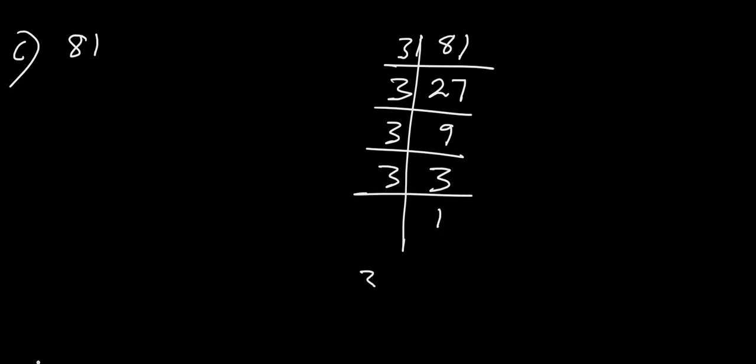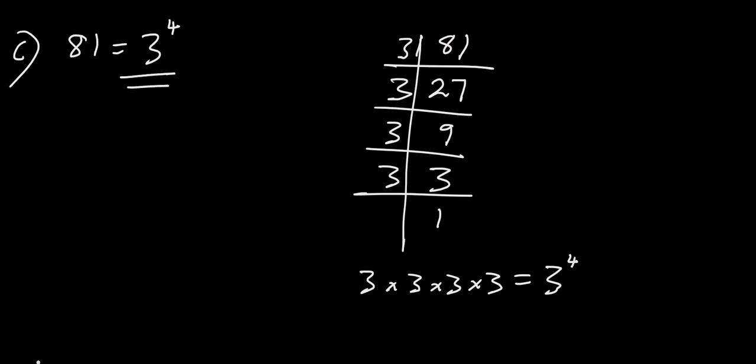So you have 3 times 3 times 3 times 3. So this will be 3 into 4 places, so exponent 4. So 81 is equal to 3 exponent 4. Final answer.